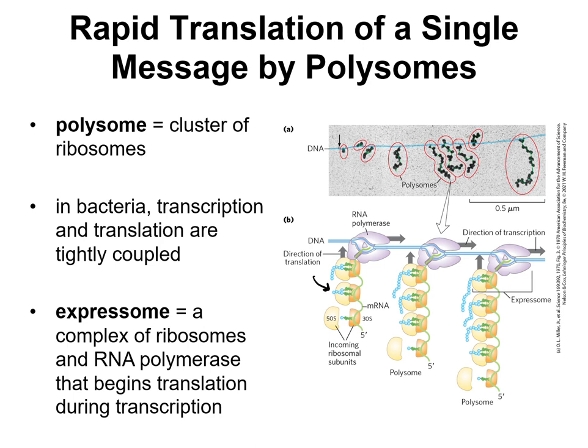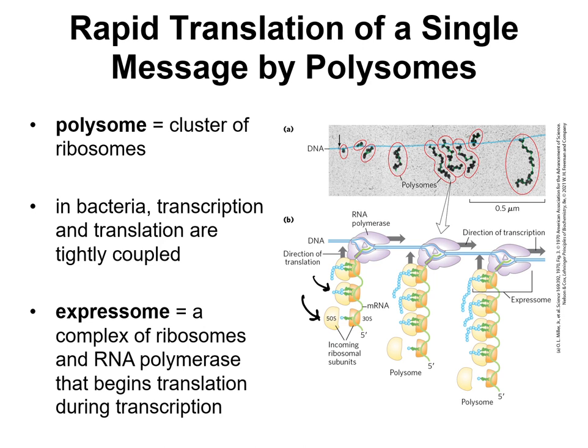And then as that one chugs along, then you can have another initiation complex coming together around that starting AUG and start making another protein. So these two processes of transcription and translation in bacteria are very tightly coupled. And the complex of ribosomes and RNA polymerase all together is called the expressome.